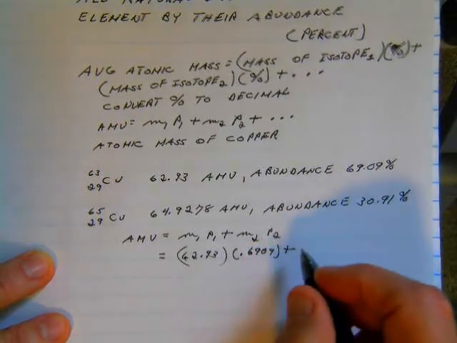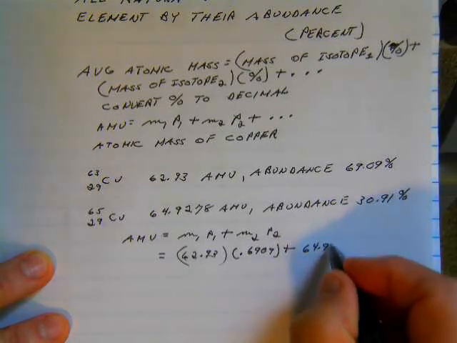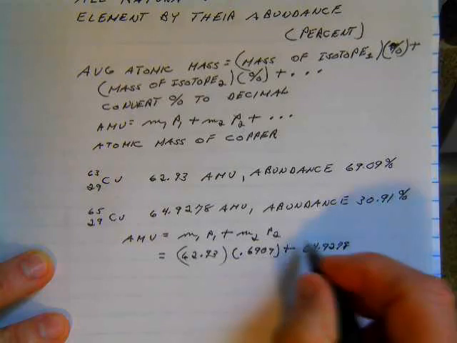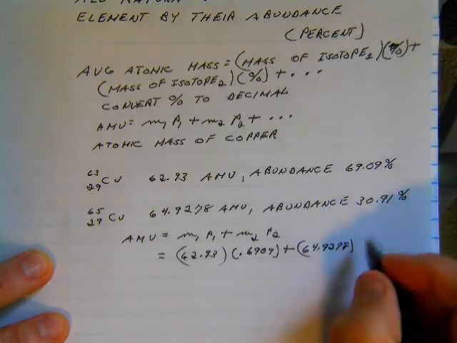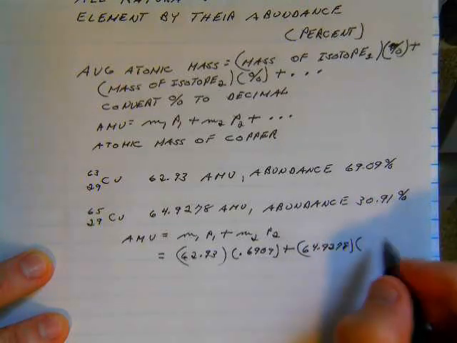Plus, the second isotope has a mass of 64.9278, and we can move this over to 0.3091.